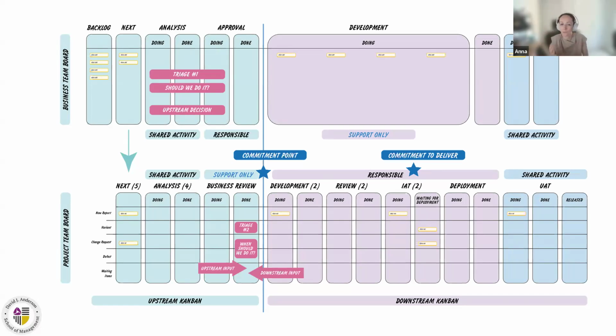So we just need to determine where the commitment point is. There is no separate upstream organization and separate downstream organization. I spent quite a long time trying to figure out whether there is some hidden three-board pattern here, but there is not. There is no middle board for upstream and downstream because everything happens within the same organization that covers the end-to-end process.